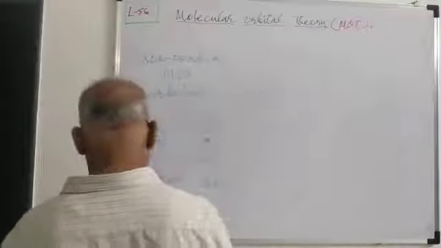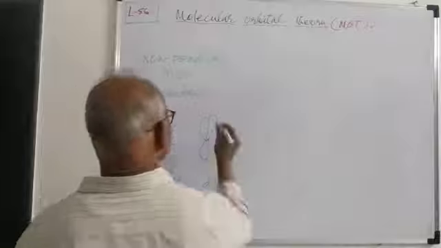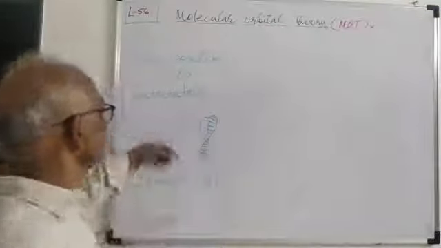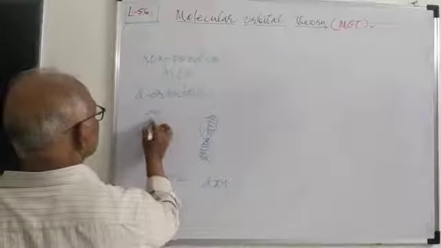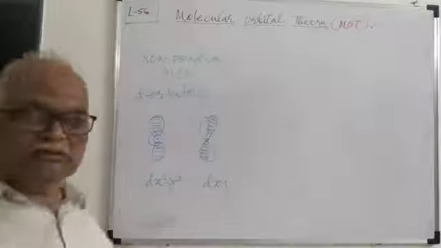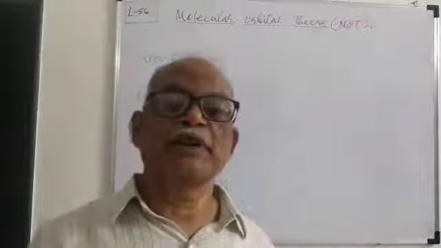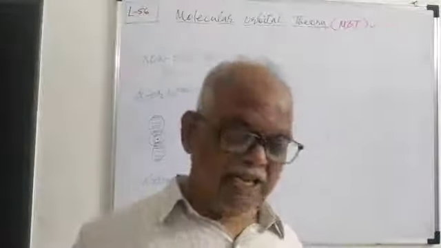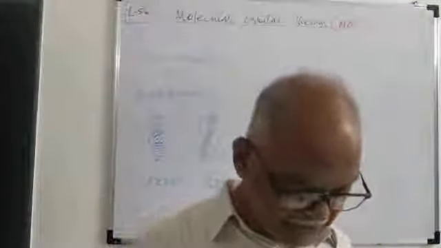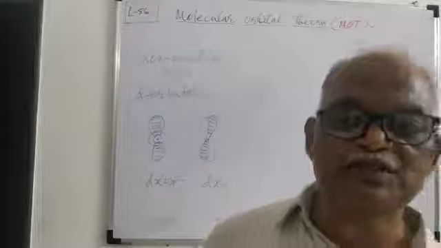So there is also no such appreciable extent of overlap. They are also not capable of undergoing any kind of linear overlap, and therefore they will produce non-bonding molecular orbitals. With this we will stop our discussion here.